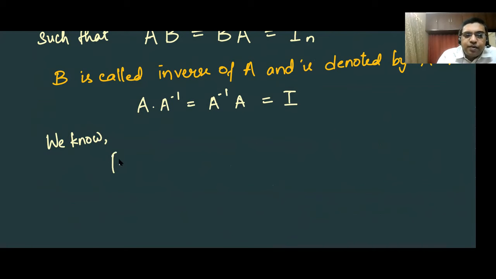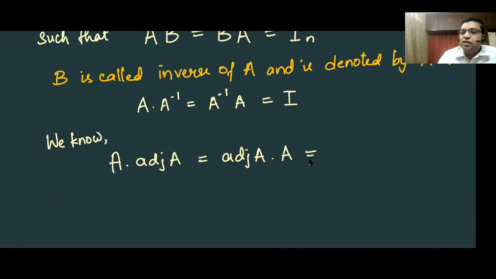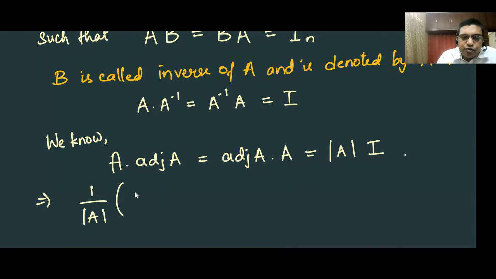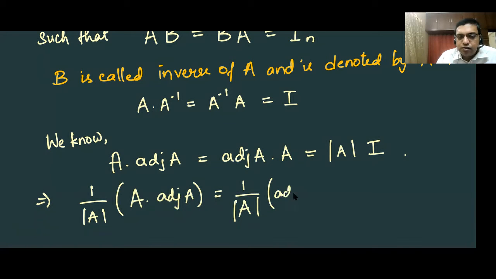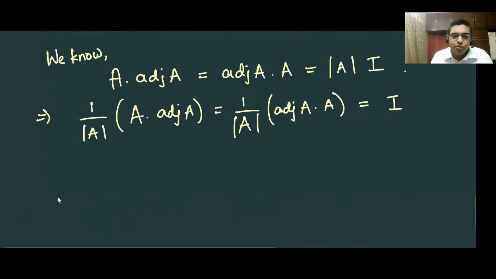So A into adjoint of A is equal to adjoint of A into A is equal to determinant of A into I. Because determinant A is a scalar, I divide throughout by determinant A. Now I take determinant inside this scalar.